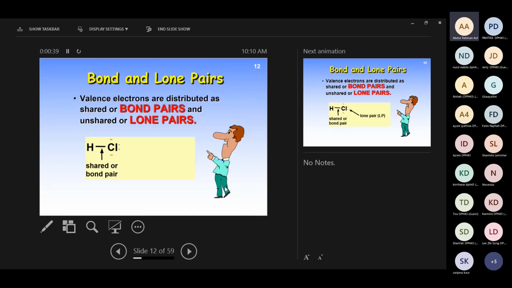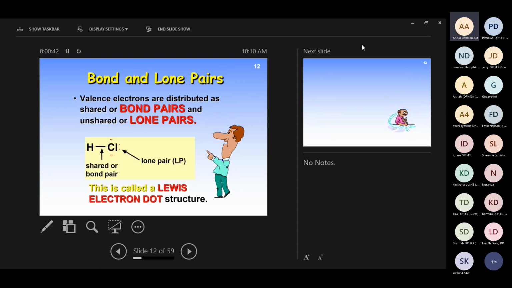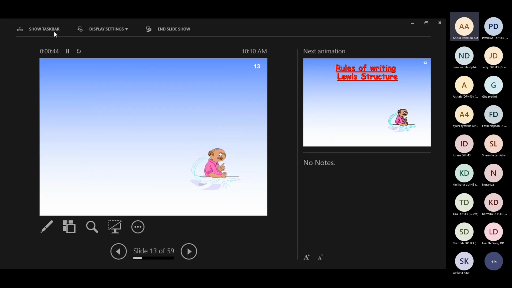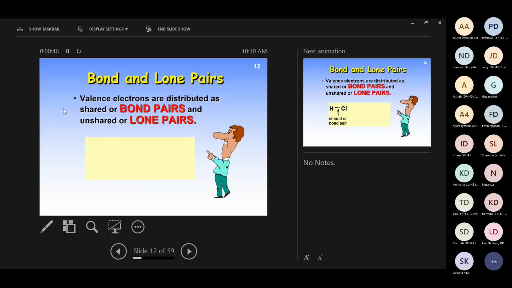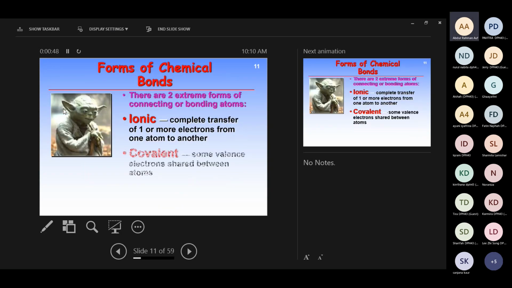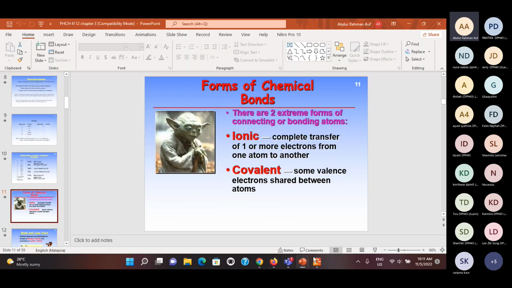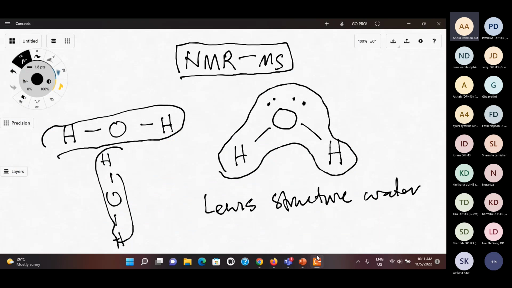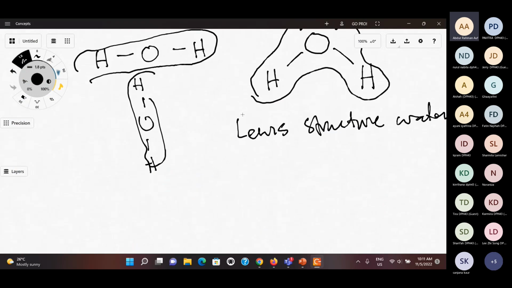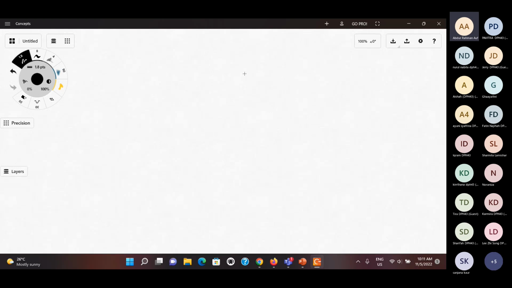So how do I explain that? I prefer to draw. Okay, how do you differentiate? Kamu ada two types of bond. Ini yang saya nak kamu hold on to today.